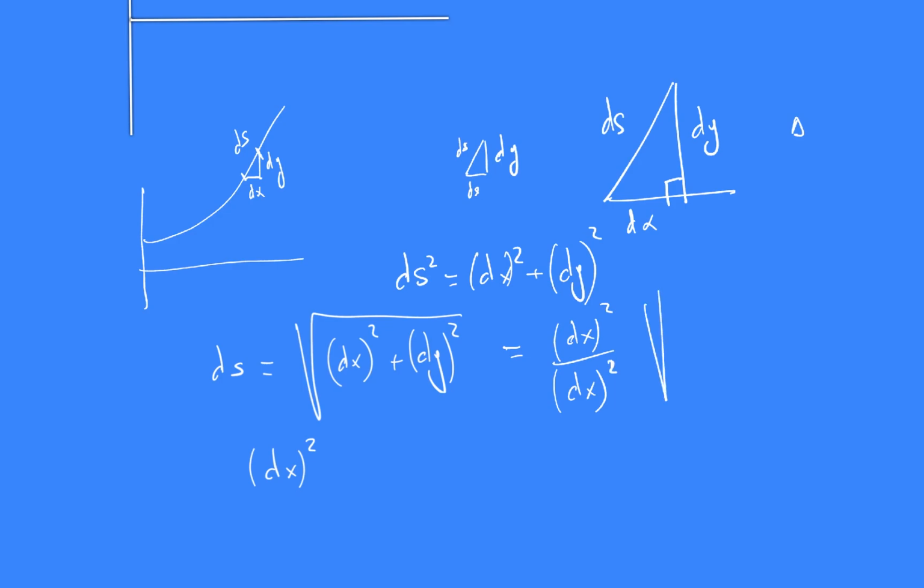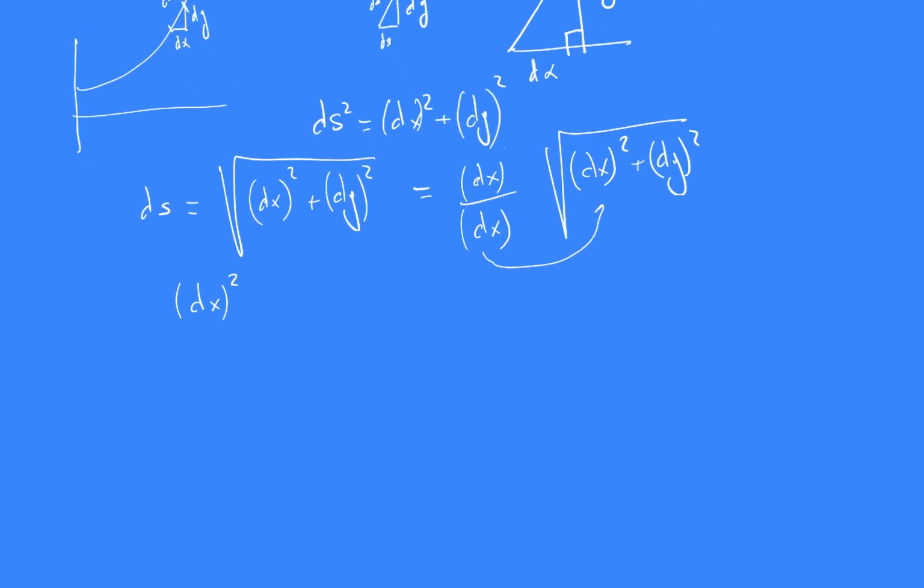Now I will put inside, I will multiply and divide by dx. So dx squared plus dy squared. Now if I introduce this dx inside the radical, I have to introduce it squared.